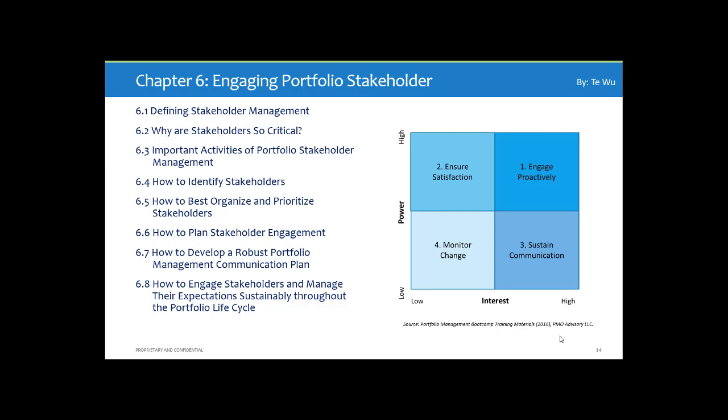And as you see in this 2 by 2 matrix, you could create 4 quadrants, starting with engage proactively in quadrant 1. These are the stakeholders with high interest and high power, which of course can be stakeholders such as sponsors, executive sponsors.